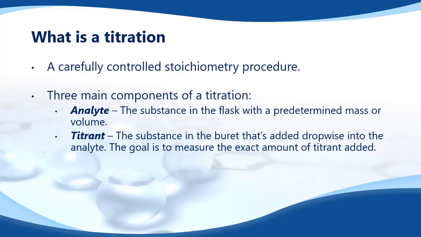This is usually the thing or the solution that we want to know something about. So in our example with the KHP, you'll be dropping in sodium hydroxide. The reason why is because we want to calculate the concentration of the sodium hydroxide solution so that we can use it as a standard solution in future labs.